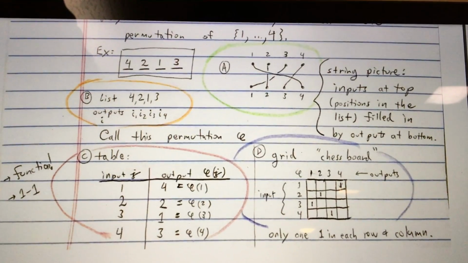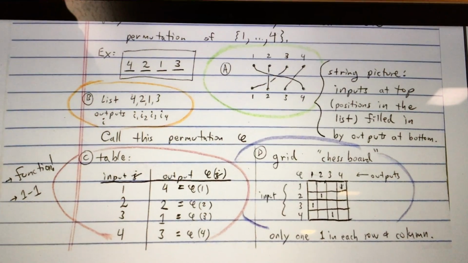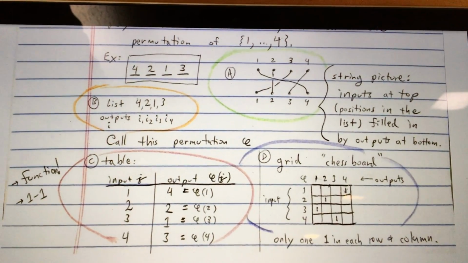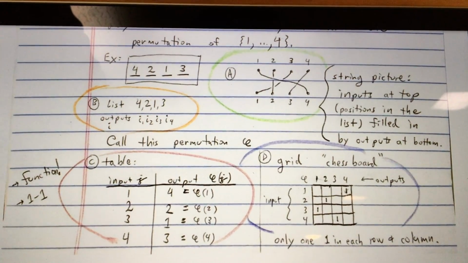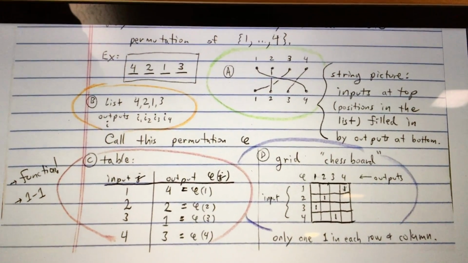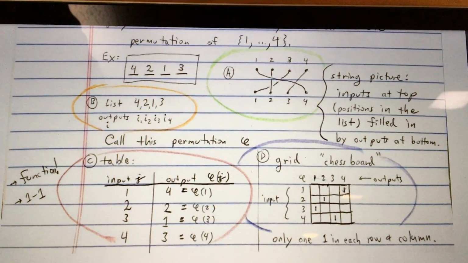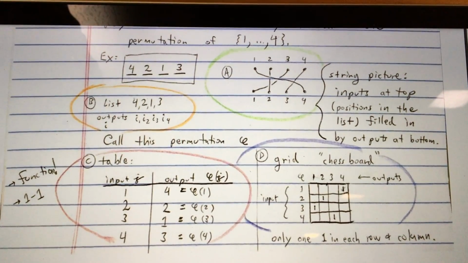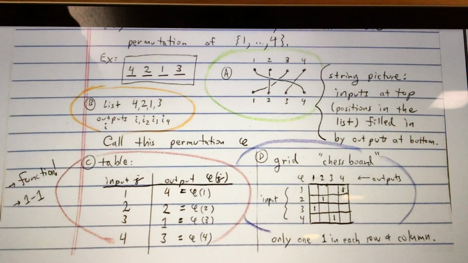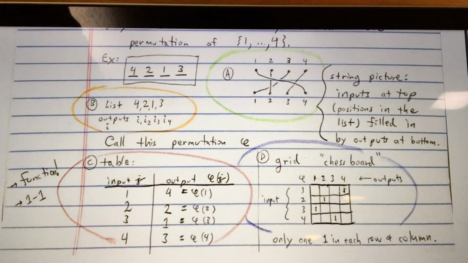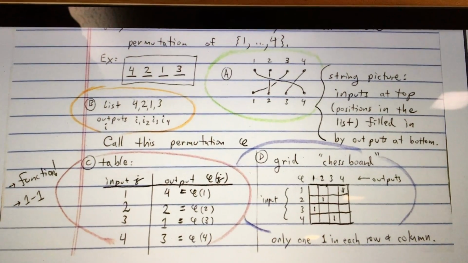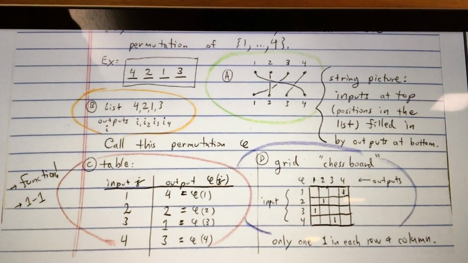And in the picture of the chessboard, you can see only one goes in each row and column. So you can only have one output for each of the inputs, and you can only have one input go to any given output. So that's a little bit overkill on that one permutation, but it just shows how they can show up in lots of different ways.